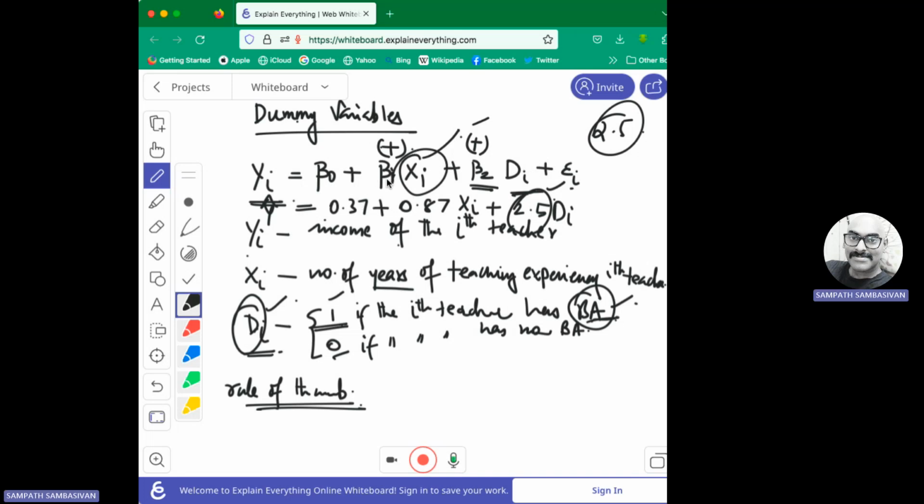And see these coefficients beta 1 and beta 2. We are just hypothesizing as to what would be the possible sign of these coefficients.